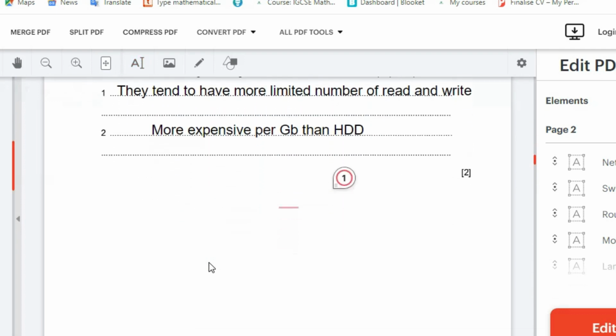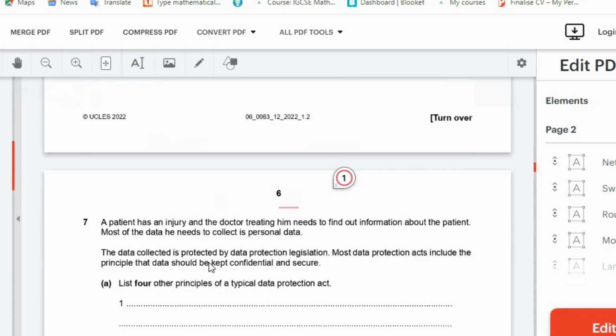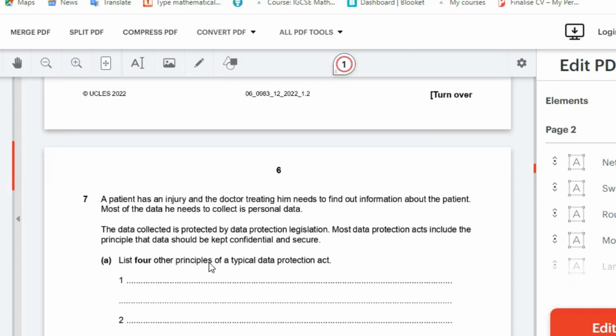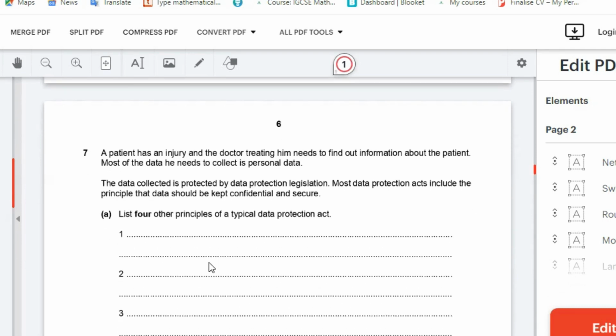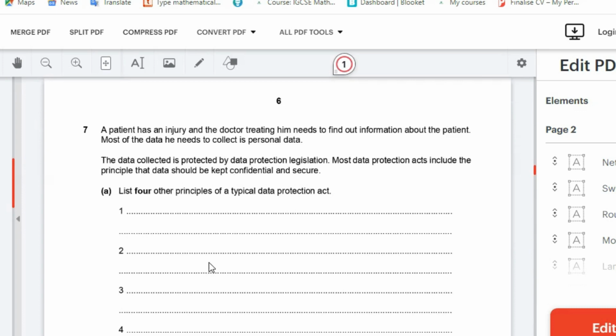All right. So let's go to number 7. A patient has an injury and the doctor treating him needs to find out information about the patient. Most of the data he needs to collect is personal data. The data collected is protected by data protection legislation.